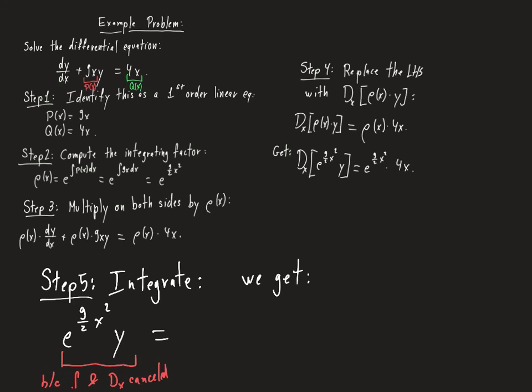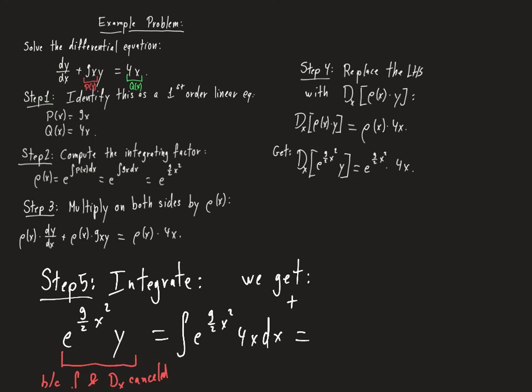All right, with that comment made, we now have the integral of the right-hand side, which is the integral of e to the 9/2 x squared times 4x dx. So at this point, I'm not going to show all the steps.